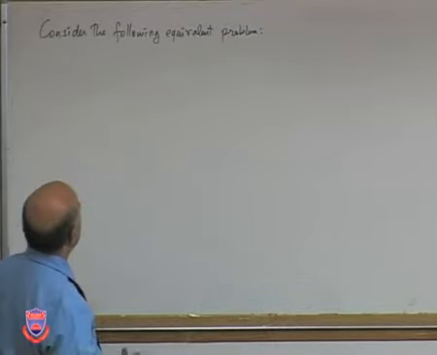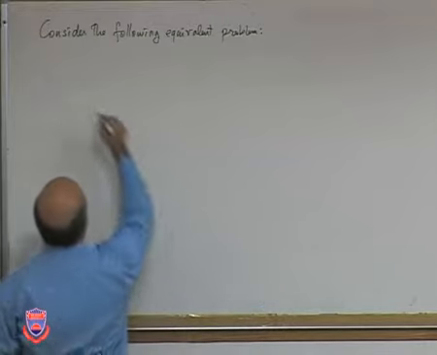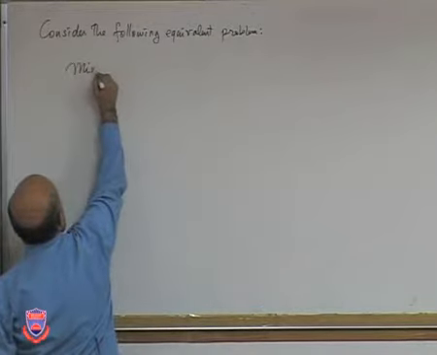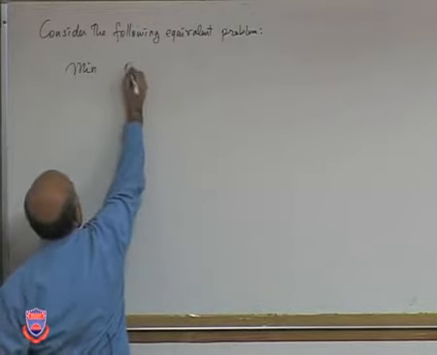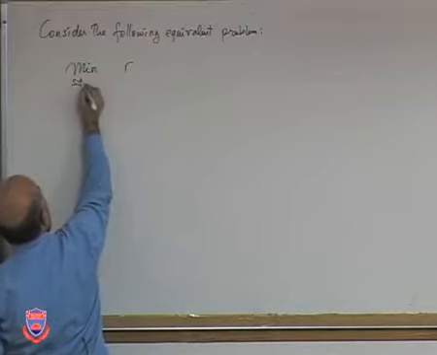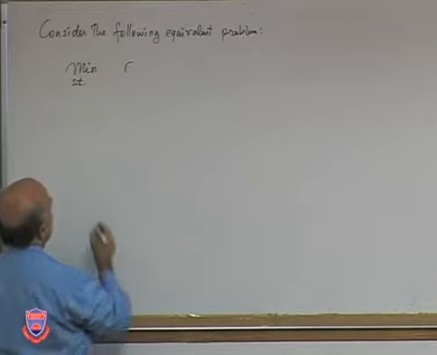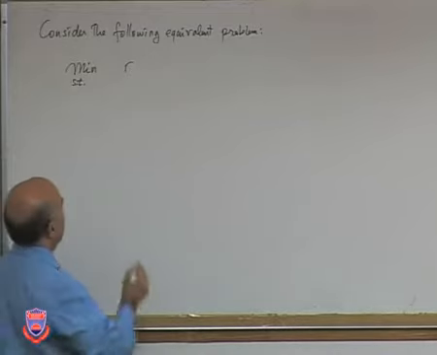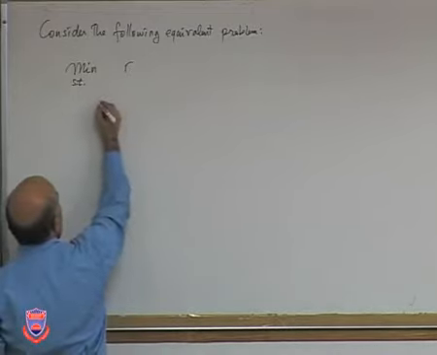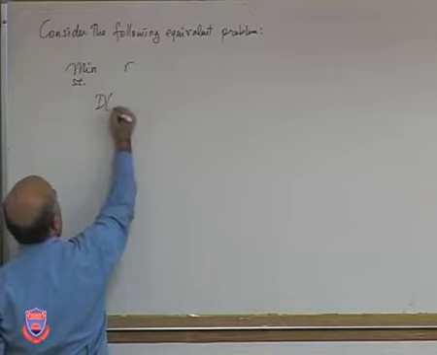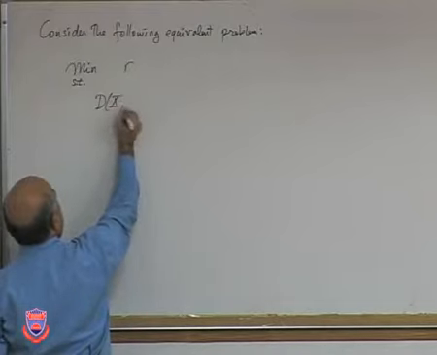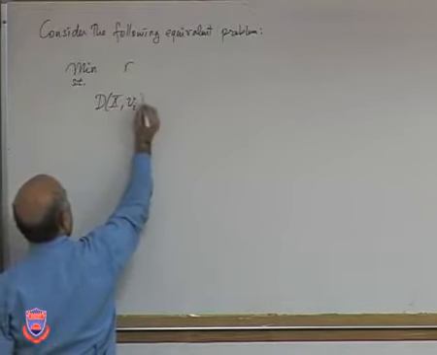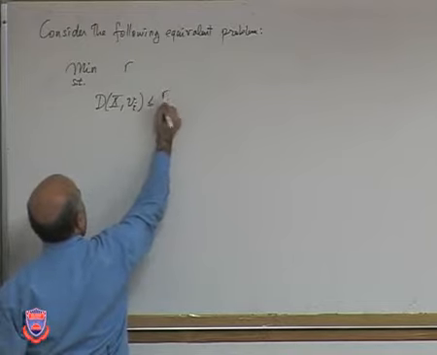Okay. Consider the following equivalent problem. We again minimize some variable r subject to f of x being less than or equal to r, which means, of course, if f of x is less than or equal to r, then each weighted distance is less than or equal to r.